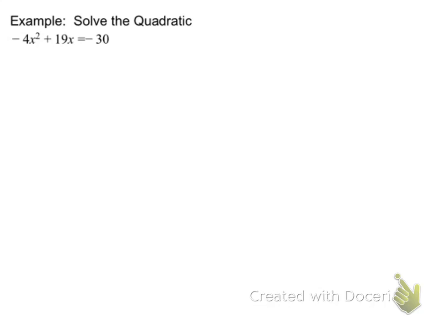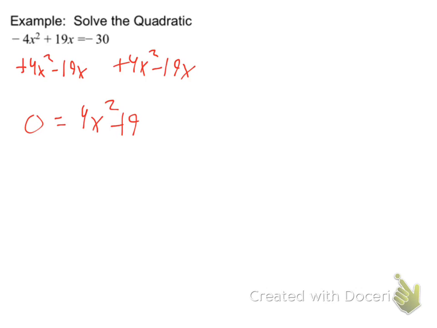I don't want to deal with negatives as a leading term. So therefore, I'm going to bring everything to the right side. So add 4x squared minus 19x. So 0 equals 4x squared minus 19x minus 30.